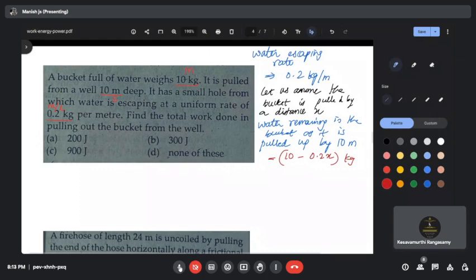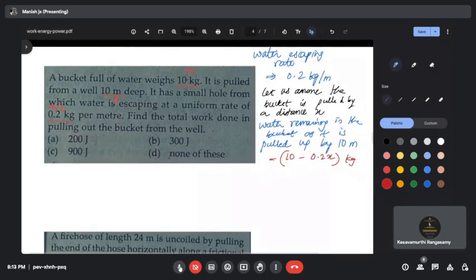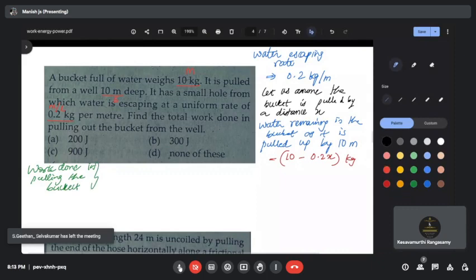So now, what is the work done in pulling it through a small distance? Work done in pulling the bucket can be expressed as force into displacement, as you guys know. Now you pull it by a very small distance, so I can say dx.